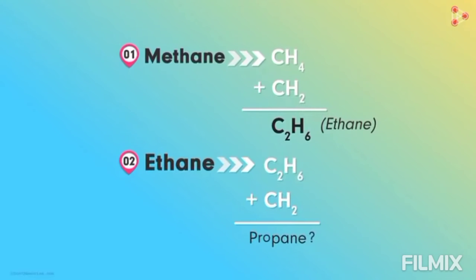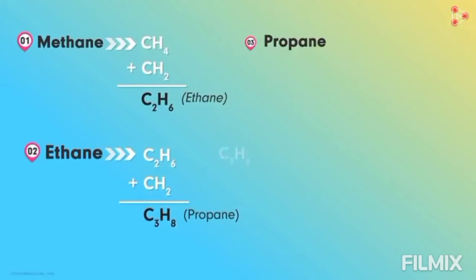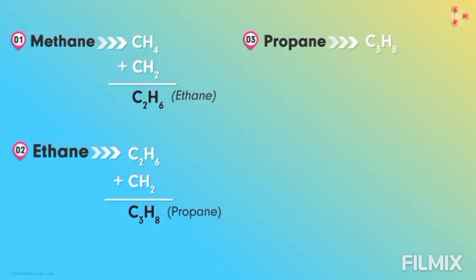Taking the second case, ethane, C2H6, when we add one CH2 to this ethane, we get C3H8. That means propane. The 3 carbon atoms are there, so it becomes propane.